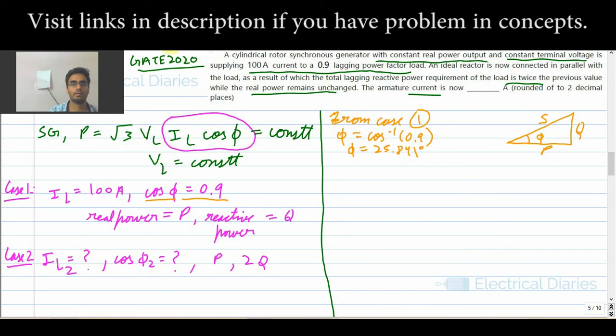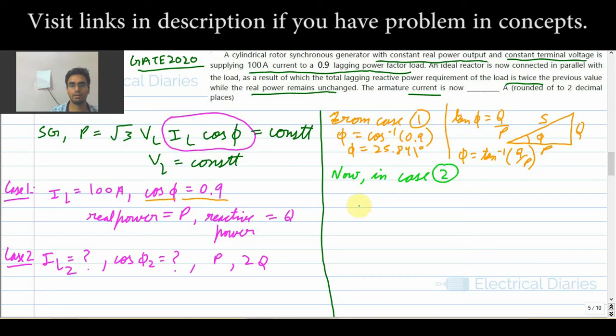Now in case 2, see the power factor expression: tan phi is equal to Q by P, so phi is equal to tan inverse Q by P. Now in case 2, he is saying that P is the same but the reactive power is doubled.